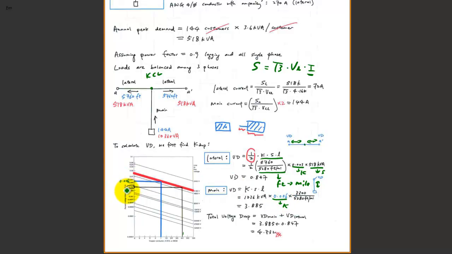Substitute into this, and then the 0.003 is actually for the lateral. So to find out the total voltage drop from the feeder head all the way to the consumer, it's simply the summation of the voltage drop at the main feeder and then the lateral, which is 3.885 plus 0.847. That gives you 4.732 total voltage drop.